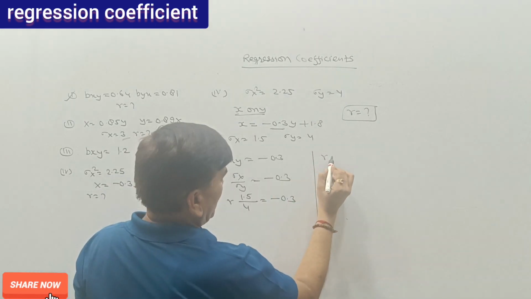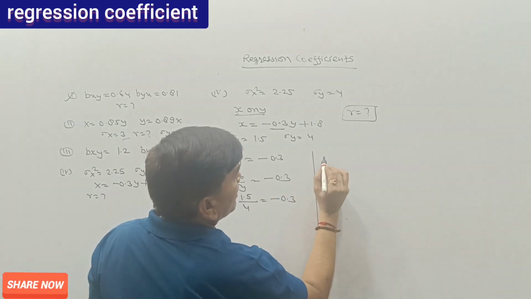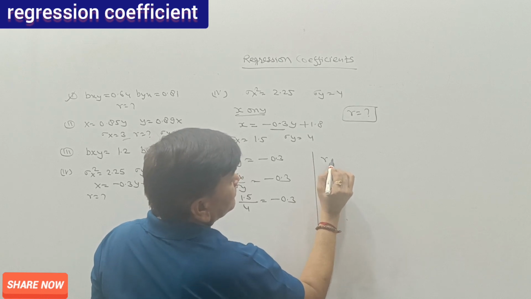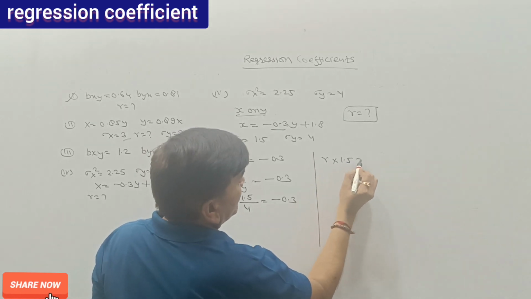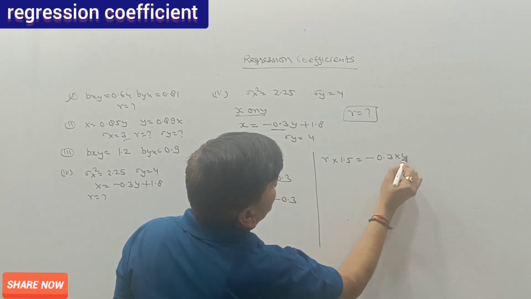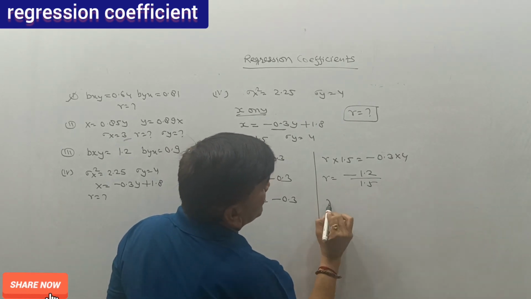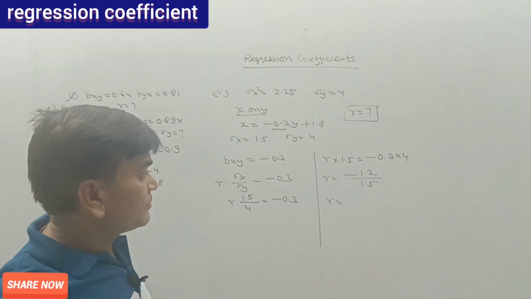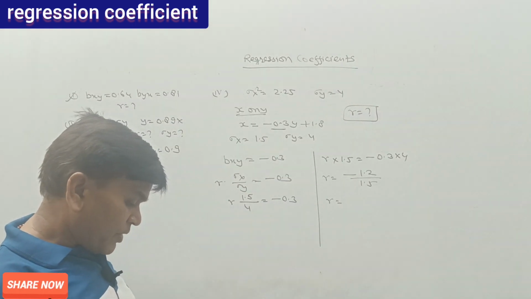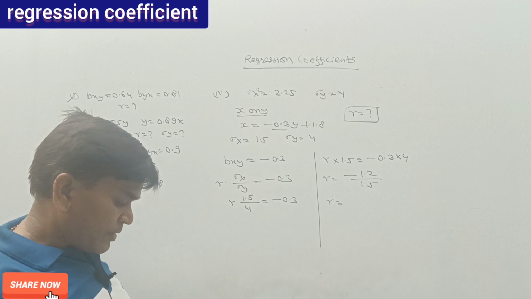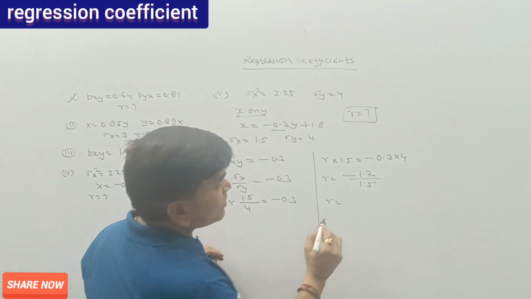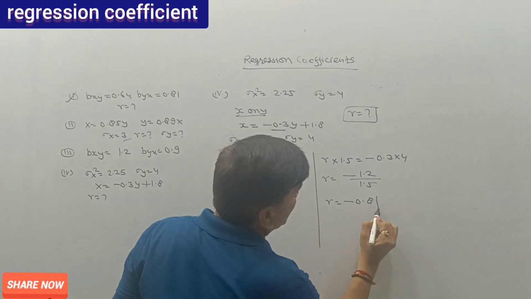So r multiplied by 1.5 equals -0.3 multiplied by 4. So r is -1.2 divided by 1.5, that is 0.8. So the value of r will be -0.8.